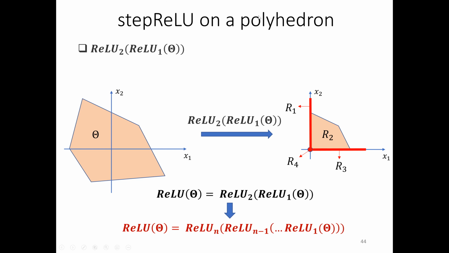Okay. So you're gonna see that the polyhedron approach is not good for tanh and sigmoid. Okay. However, the star set approach is very good. So you're gonna read about the star set approach soon. But before we come to the star set approach, I want you to have a general idea how everything works, and why the polyhedron approach is not scalable, and why we need to use another approach called star set.